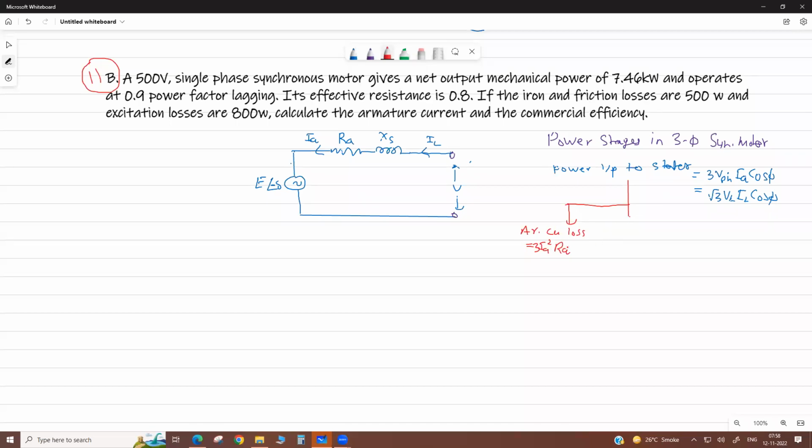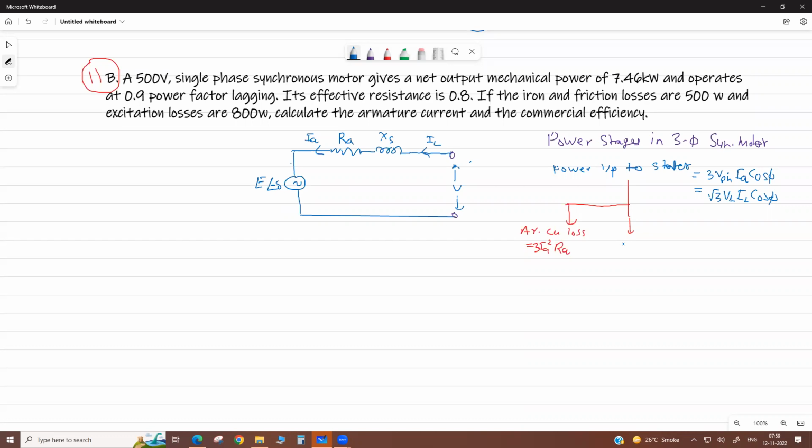These are per phase current, per phase resistance. Then the remaining power is the gross mechanical power developed.